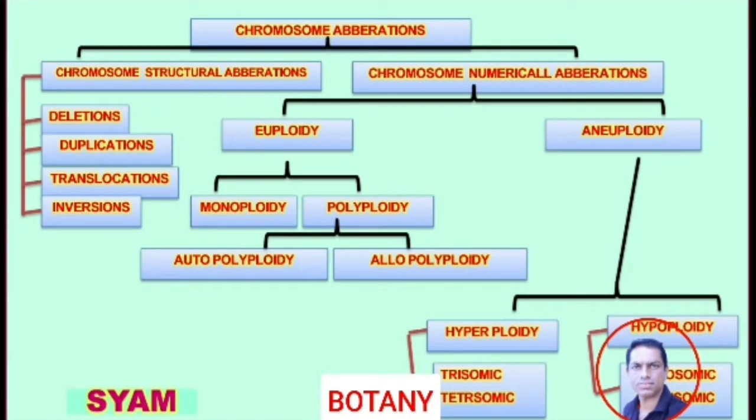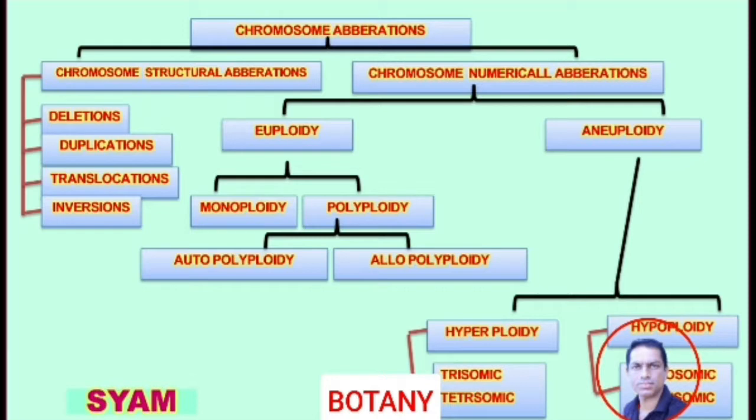The aberrations or mutations: sudden inheritable changes that occur in an organism are called mutations. If the mutations occur in a chromosome, it is known as chromosome aberrations.